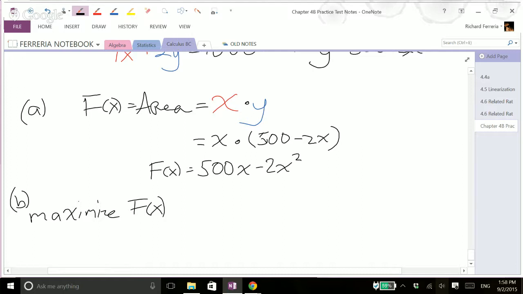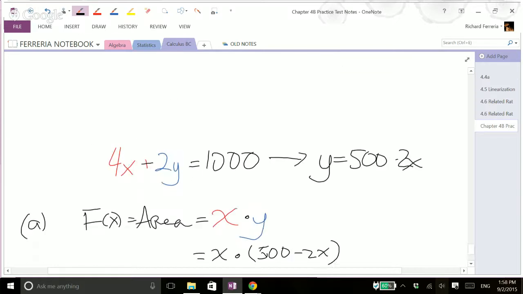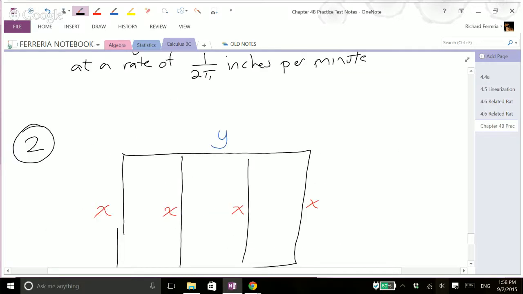Okay, so the first question is, I need to know what's the smallest that x could be. Should be 0, yeah. Okay, so now the other one is, what's the biggest that x could be? Let's look at our diagram. We have 4 x's, right?